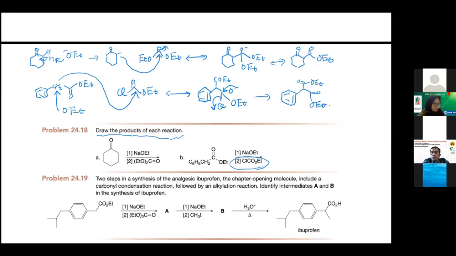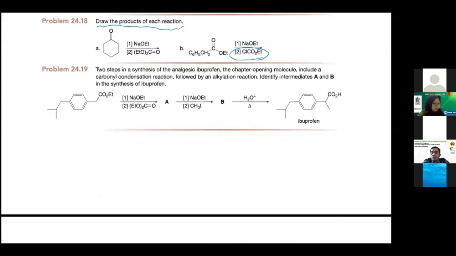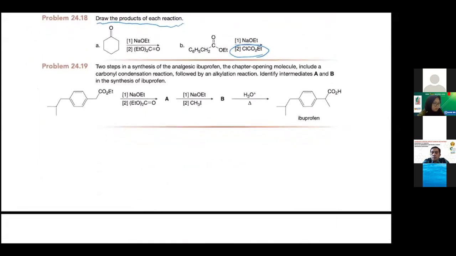And the next step is two steps in the synthesis of the analog of ibuprofen, a painkiller. The condensation reaction, the intermediates. Yes, we should think that this is the intermediate, but we have to use the Claisen reaction.